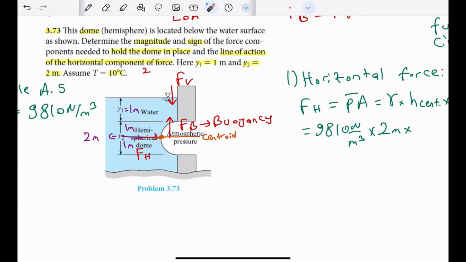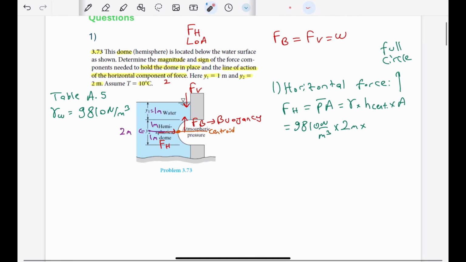So even though this looks like half circle, we will see a full circle on the wall. So this means that this is actually our projected area. This is what we call that. So regardless of it is half or full, we will take full circle area.